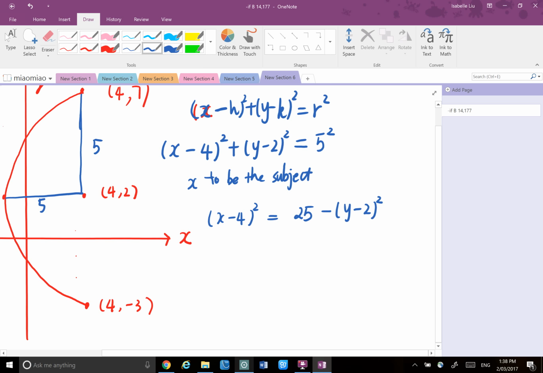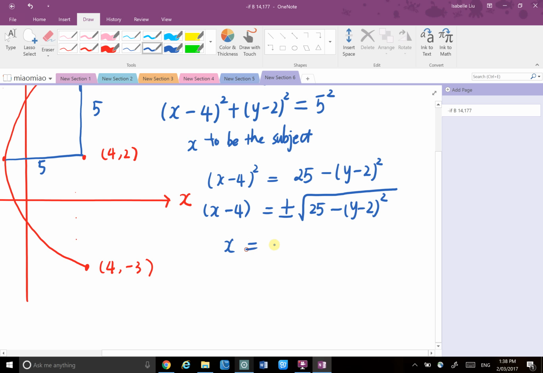Okay, the next step is important. I want to square root both sides, but when I square root both sides, that needs to have plus or minus. That gives you the half circle. Otherwise, you're not getting the left-hand side. You only get the right-hand side. So you want to square root both sides, you need to have plus minus.